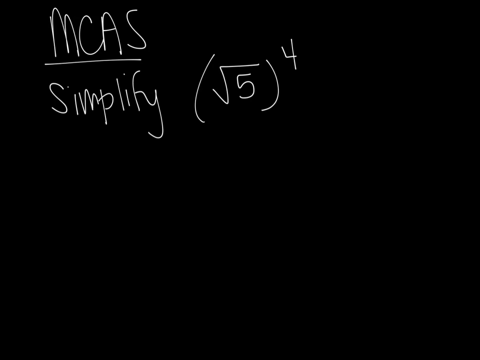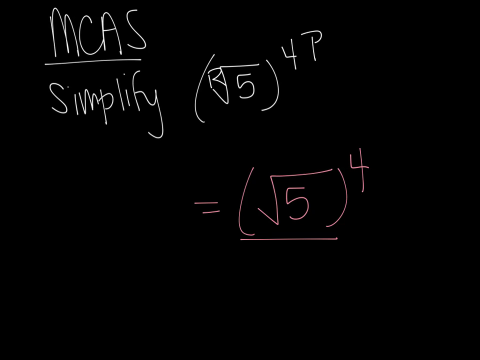So the first thing that I see is that we have a root and we have a power. And I know that before I was switching it to make it look like that. So what if I took this, let me actually write it over. Let's say this is what I just changed it to.